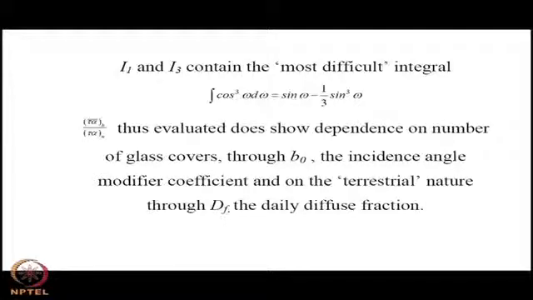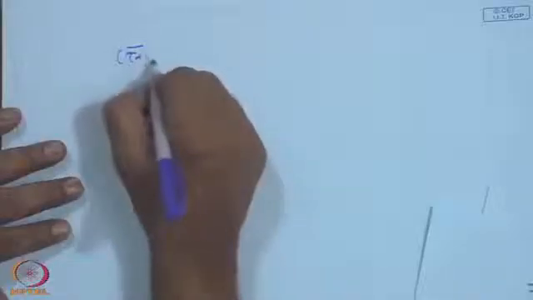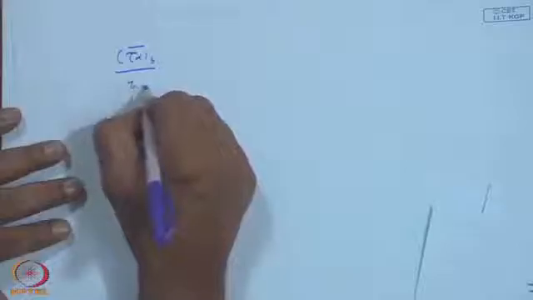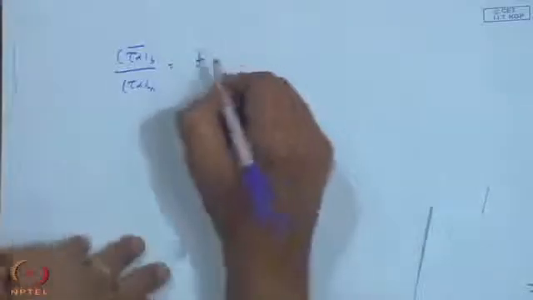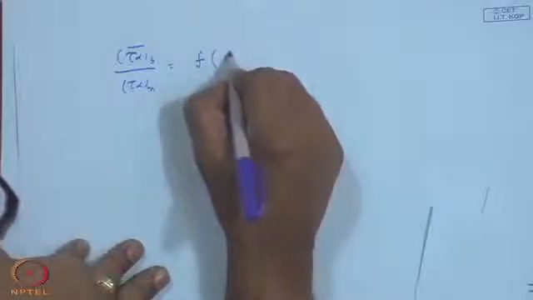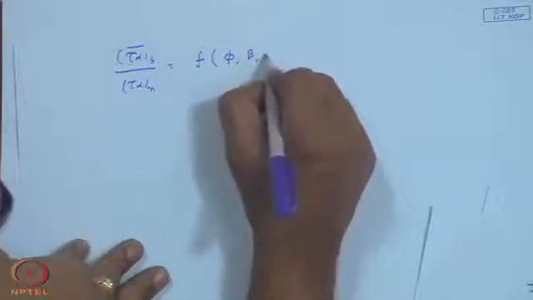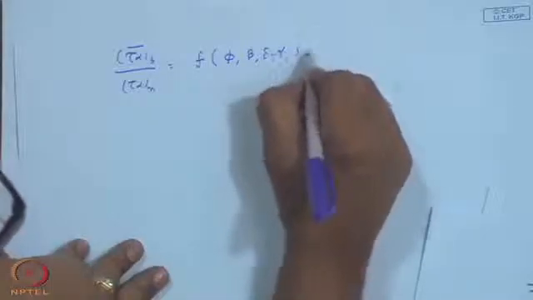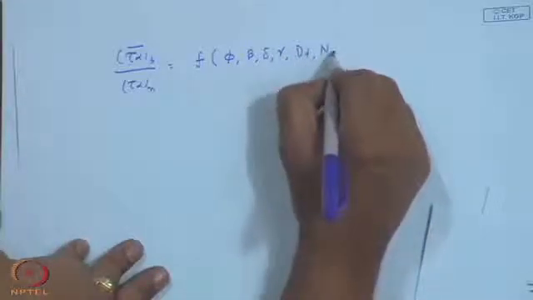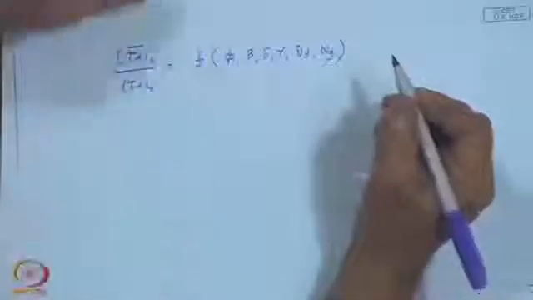So, now you have got tau alpha bar by tau alpha n, which will be a function of course, phi, beta, delta, gamma, df and ng, number of glass covers.